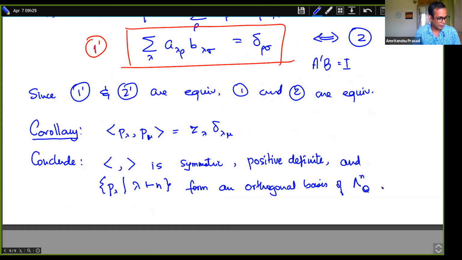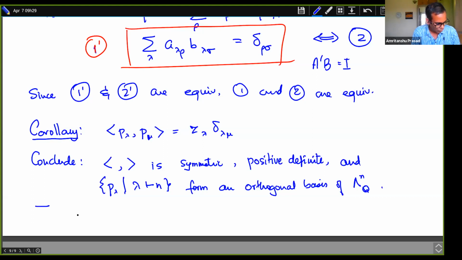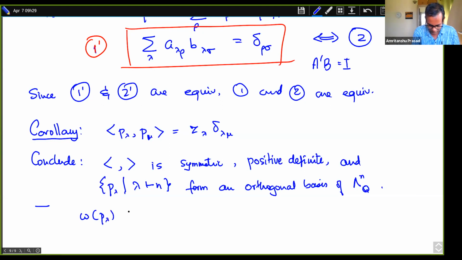And also finally omega p n is equal to omega p lambda, we saw this last time, it's plus or minus p lambda for all lambda. So this implies that omega is an isometry. So this lemma nicely ties up the properties of this inner product that we have introduced with all the things that we have looked at earlier.